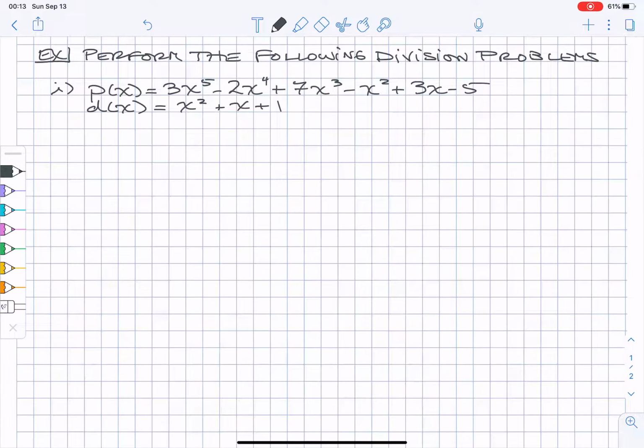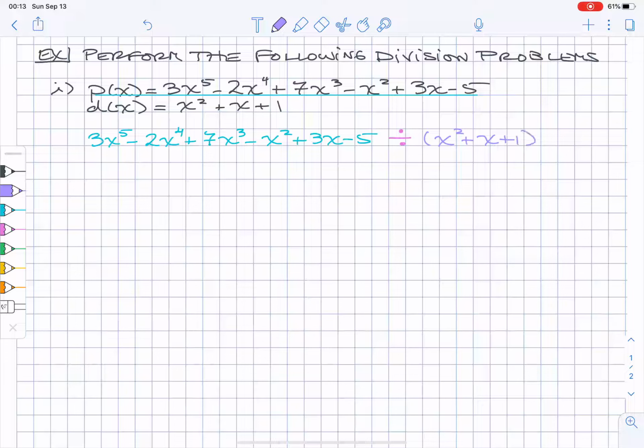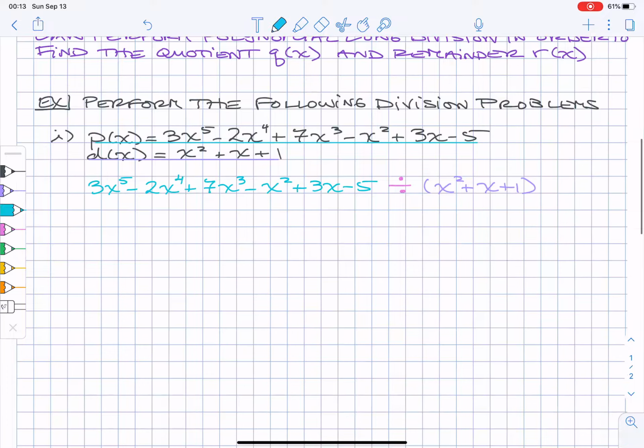Okay, so what I want is to have my p of x, 3x to the fifth minus 2x to the fourth plus 7x to the third minus 1x squared plus 3x minus 5, and I'd like to divide it by x squared plus x plus 1. That's the goal here. So we're going to use what's termed polynomial long division.